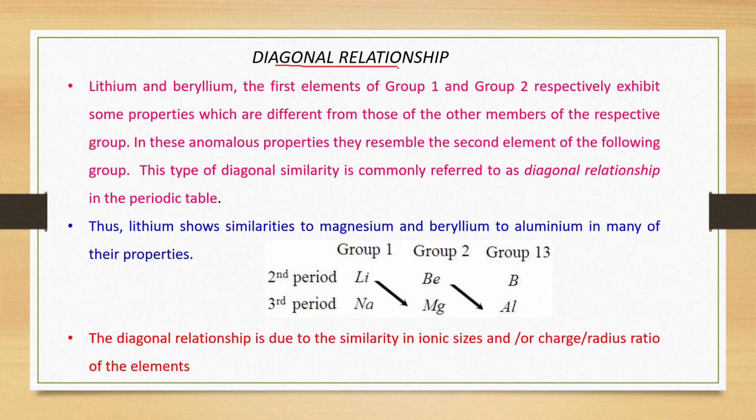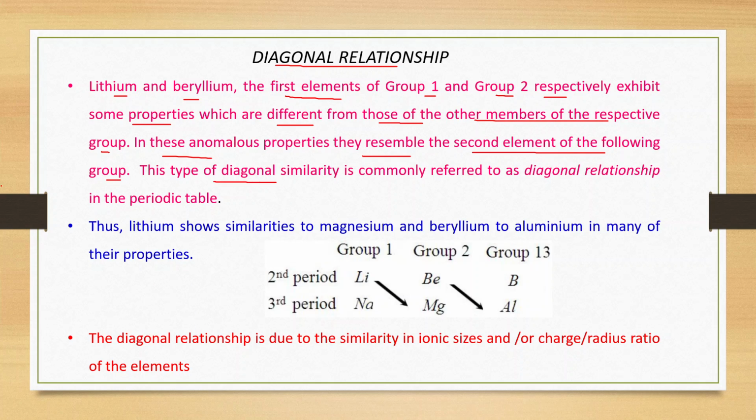Diagonal relationship. Lithium and beryllium, the first elements of group 1 and group 2 respectively, exhibit some properties which are different from those of the other members of the respective group. In these anomalous properties, they resemble the second element of the following group.